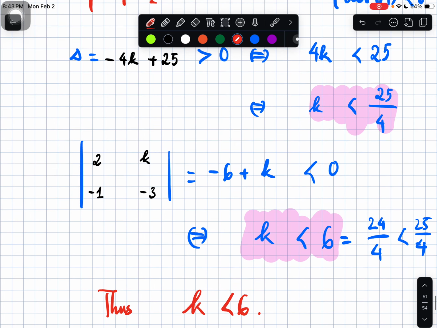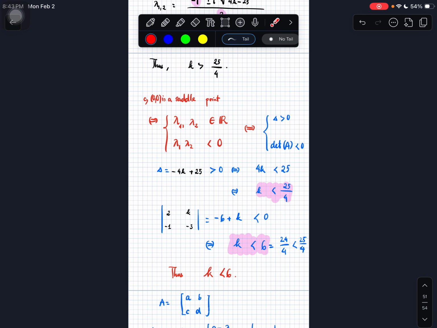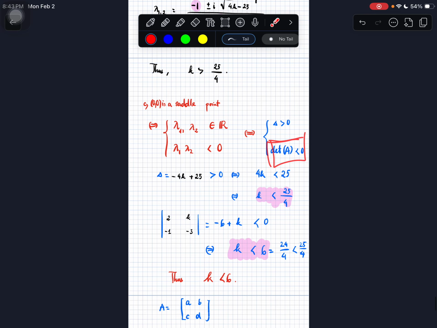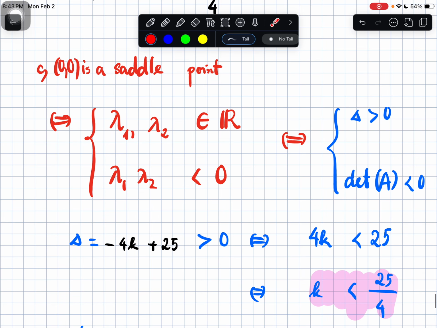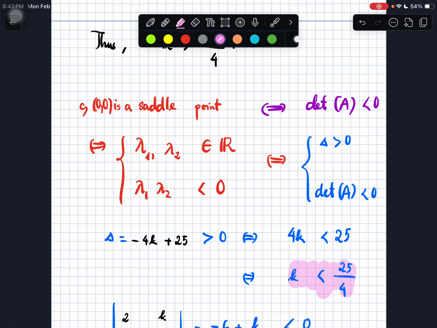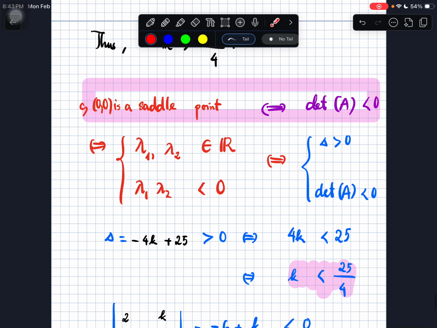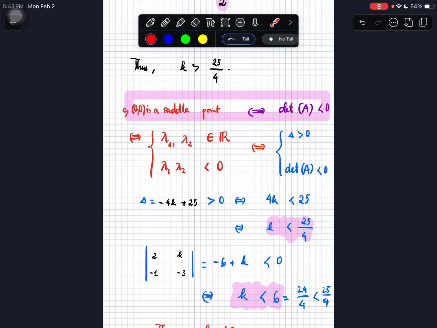So the condition when the critical point is a saddle point is equivalent to determinant A is negative. So 0, 0 is a saddle point if and only if determinant A is negative. So that's what we know. So next time whenever you try to compute the condition so that the critical point 0, 0 is a saddle point, we only need to check that determinant A is negative.